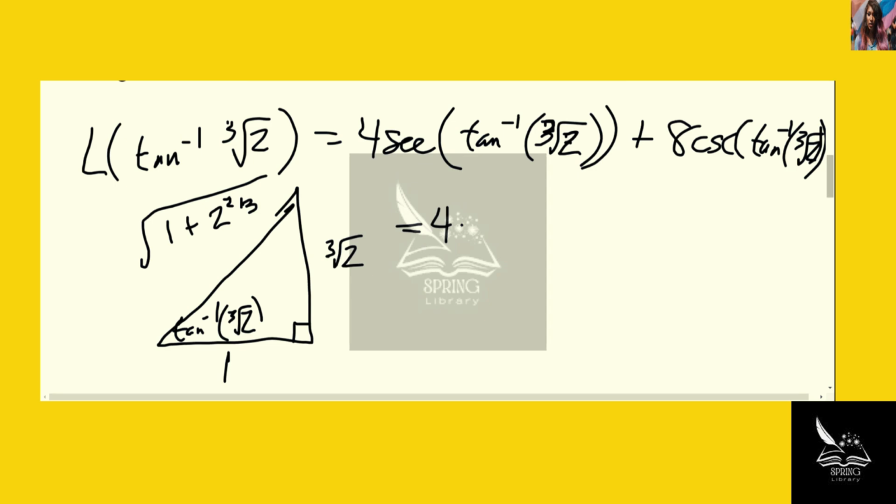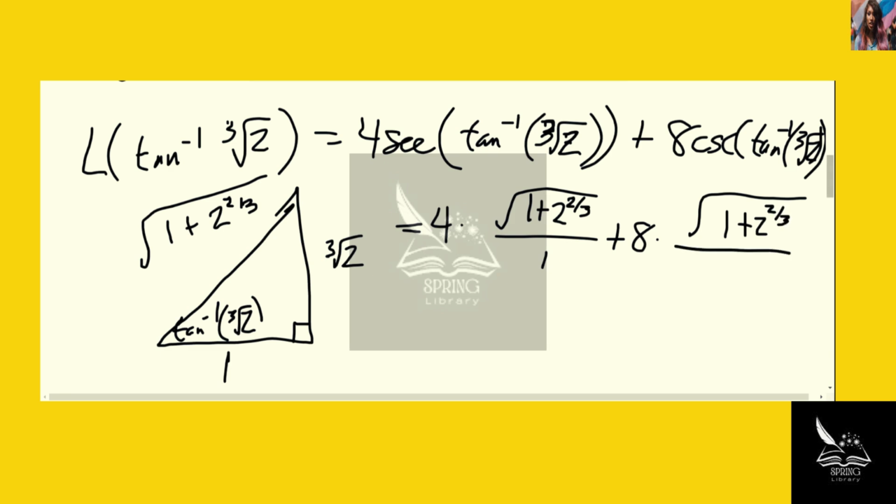And so this is hypotenuse, square root of 1 plus 2 to the 2/3, over adjacent 1, plus 8 times the cosecant of our angle. So this is 1 over the sine. This is hypotenuse over opposite, or the square root of 1 plus 2 to the 2/3 over cube root of 2.